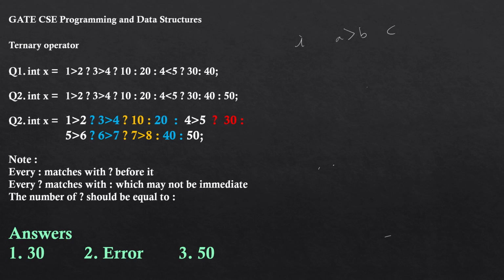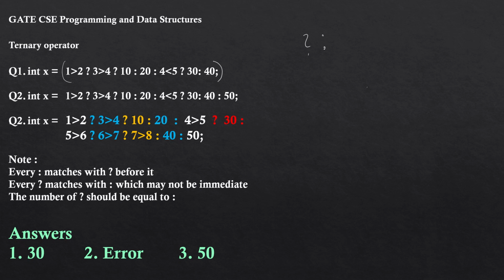So in this ternary operator, there are some rules that need to be followed. So one thing is that when this particular line is being evaluated, the number of colons and question marks need to be equal. Otherwise, we don't know how to match which colon is for which question mark.